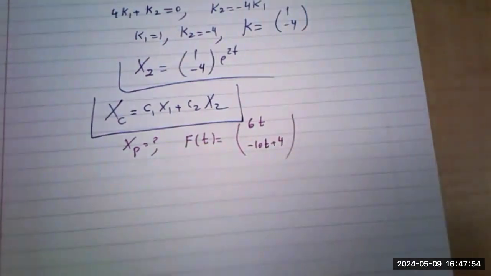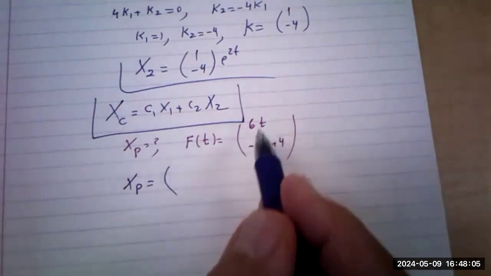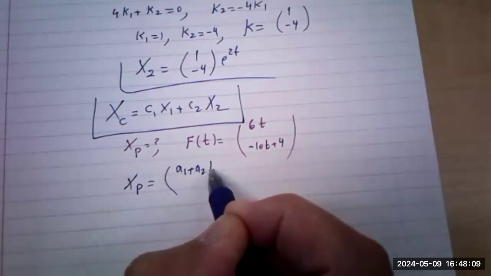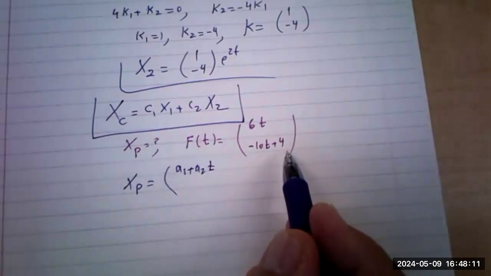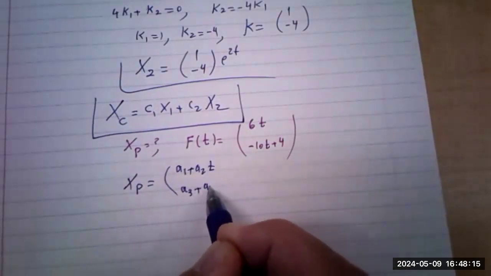You see, they are a polynomial of the first degree, linear form. You have to give a complete linear form for your xp. So the suggestion is xp is equal to, this is 6t, you change it to a1 plus a2t. And this is of the first degree again, so you change this one to a3 plus a4t.